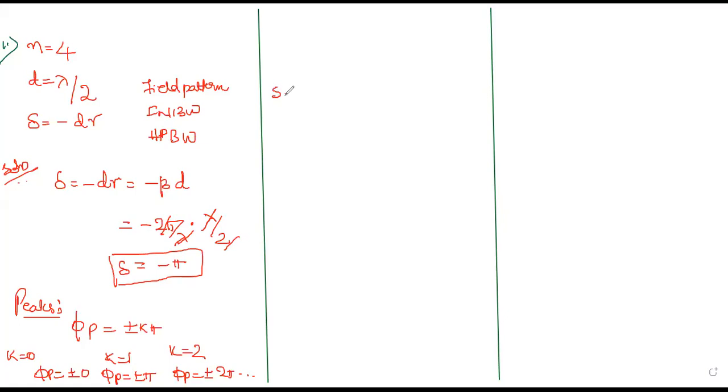Now coming to side lobe directions. You know the formula of side lobe. It is phi side lobe is equal to plus or minus cos inverse of plus or minus 2k plus 1 into pi by NDR plus 1.